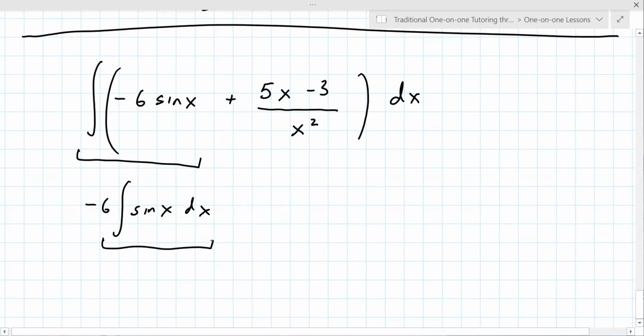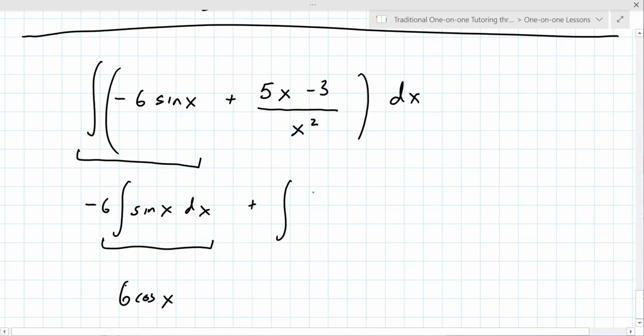So it's going to be negative cosine, which is positive, so 6 cosine x, plus 5x to the negative 3?